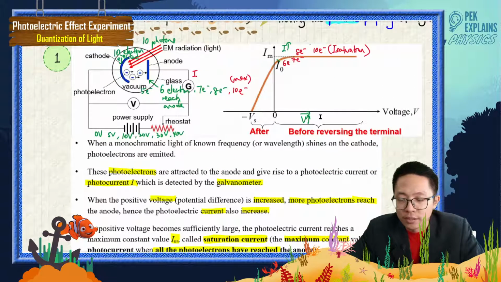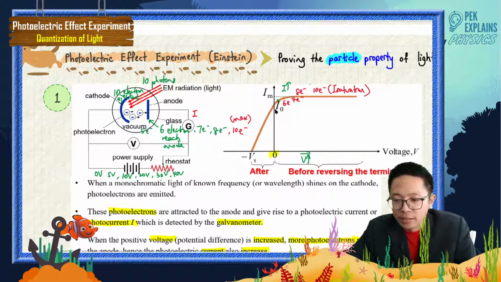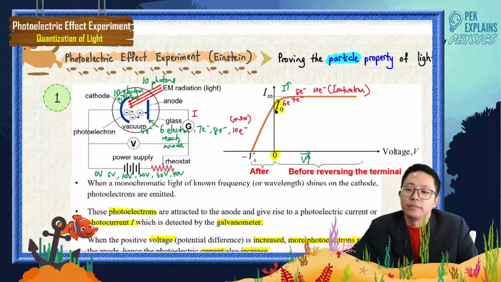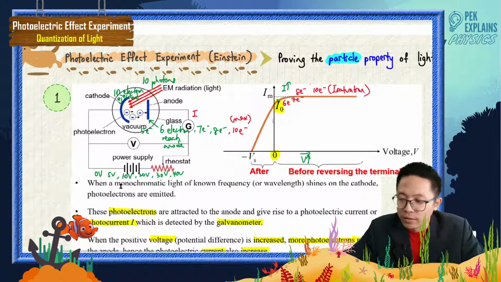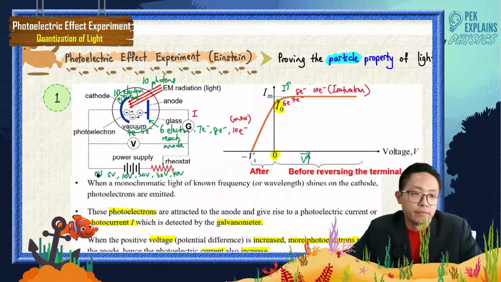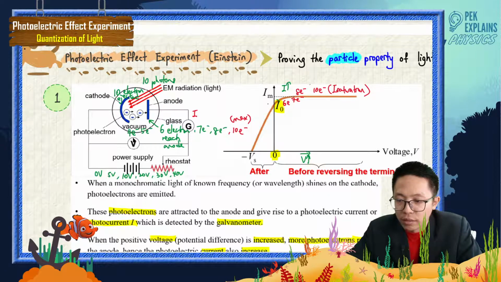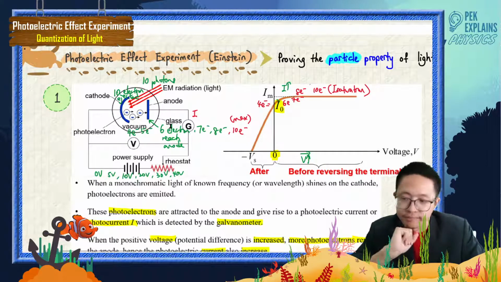So at 0 voltage, there is still I naught. There is still current. Maybe at 0 voltage, only 4 electrons reach the anode. That's the I naught. It will decrease until I naught, which is only 4 electrons reaching the anode.